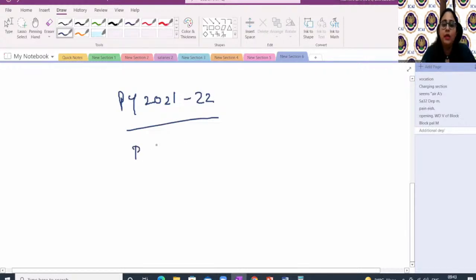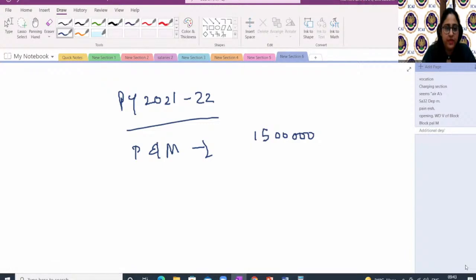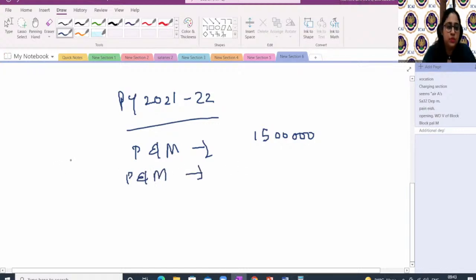There is one plant and machinery which I acquired, of 15 lakhs, and another plant and machinery which I acquired of 30 lakhs. The first was put to use on 9th August 2021, and the second was put to use on 7th December 2021.